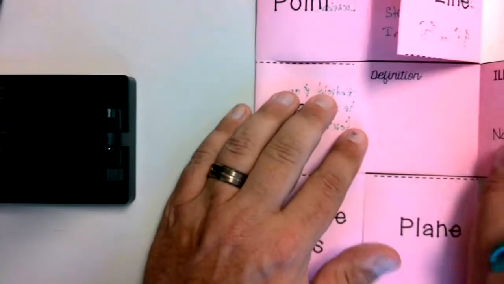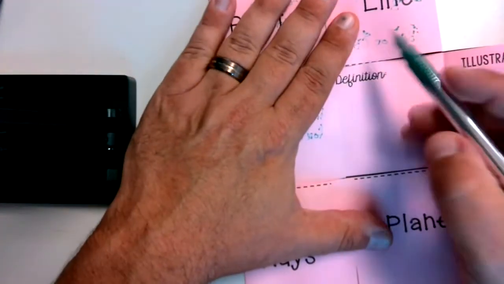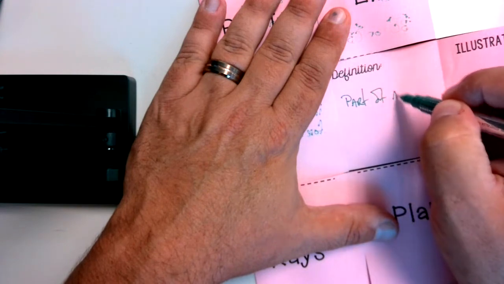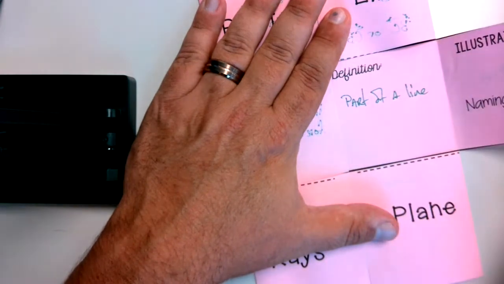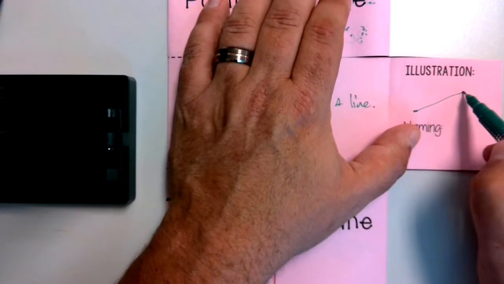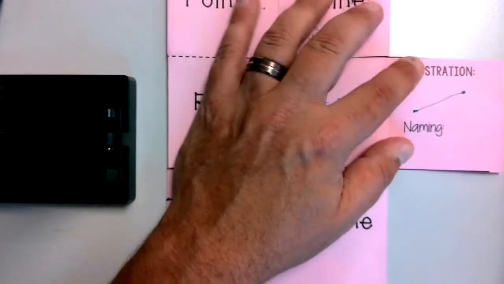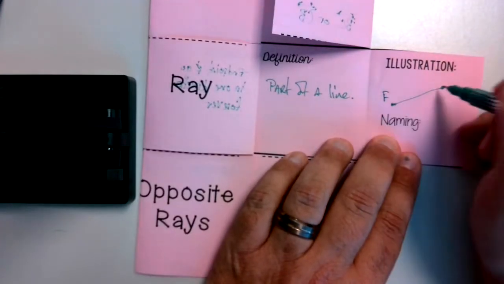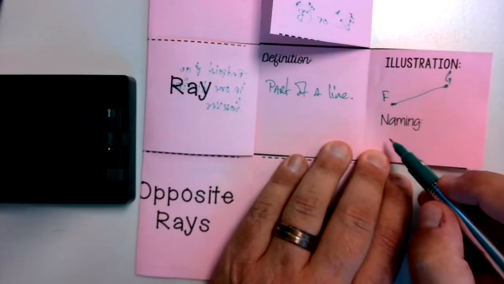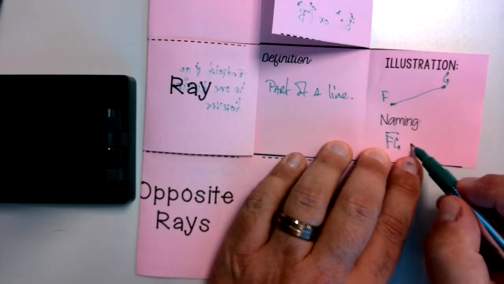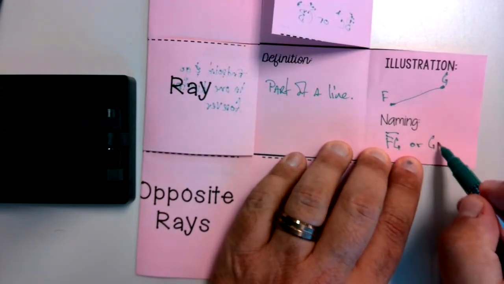And then we can talk about line segments. Line segments are really just part of a line. So instead of the line going on forever and ever, it just gets endpoints. I name those, and I would say that this is segment FG or GF.